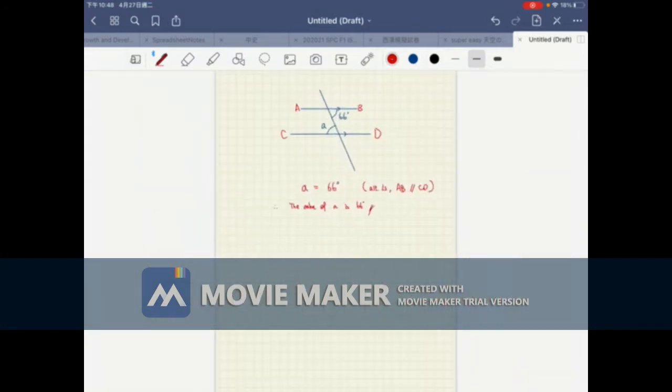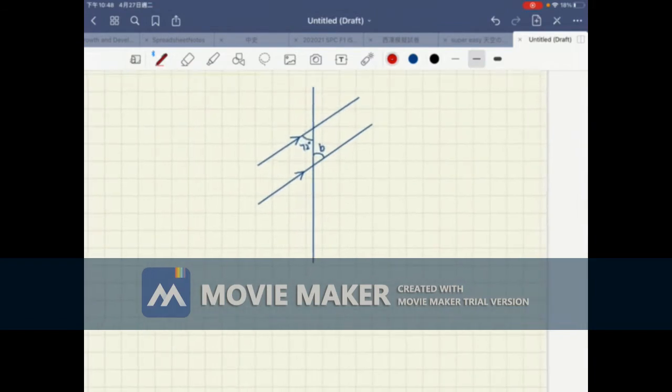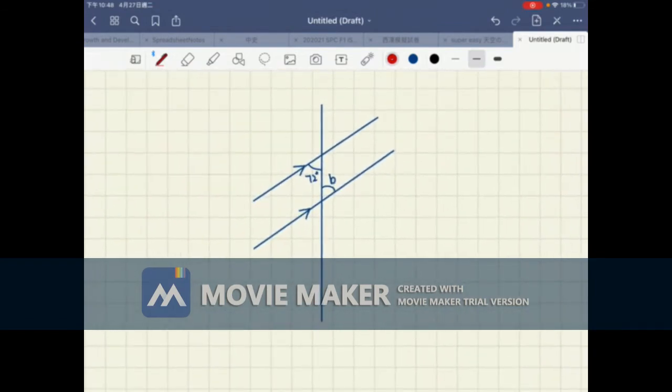Now I've got 2 more questions. Pause the video if you need more time. This is the first one. Can you use about 5 to 6 seconds to get the answer? It's very easy actually, since it mentioned that these 2 lines are parallel with this sign.